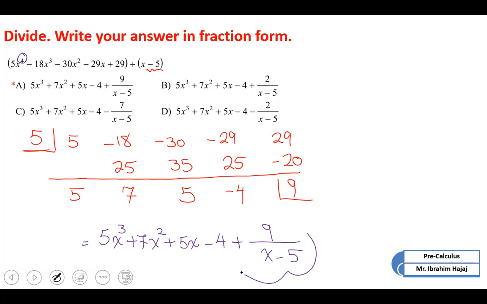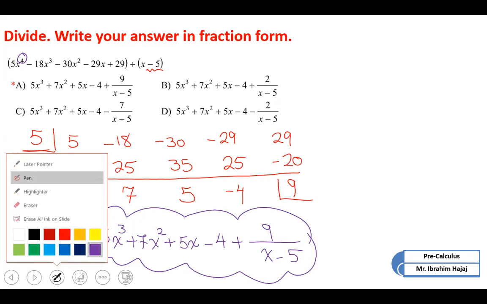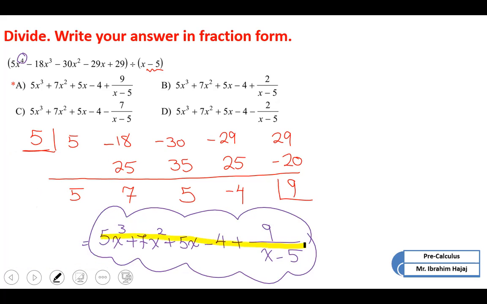Okay, this is the final answer. Next question, I think here it's letter A.